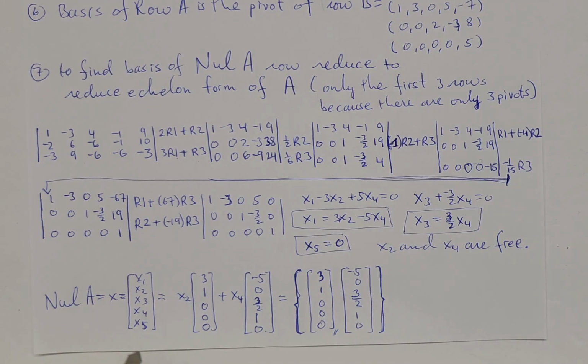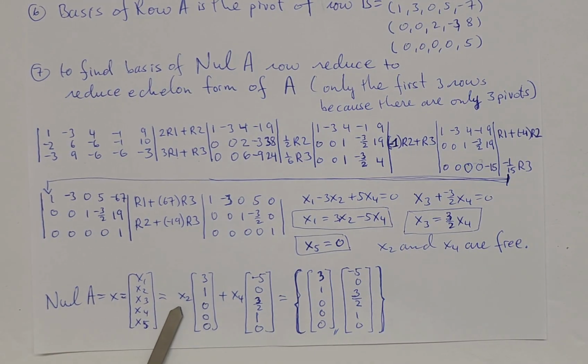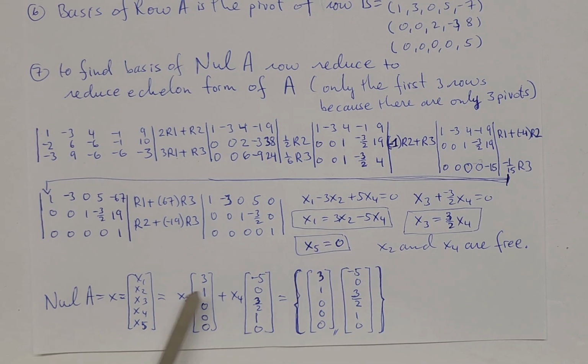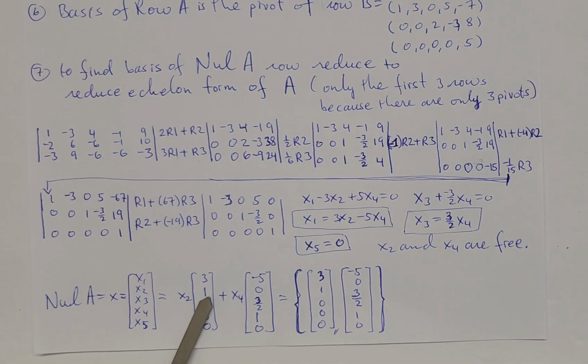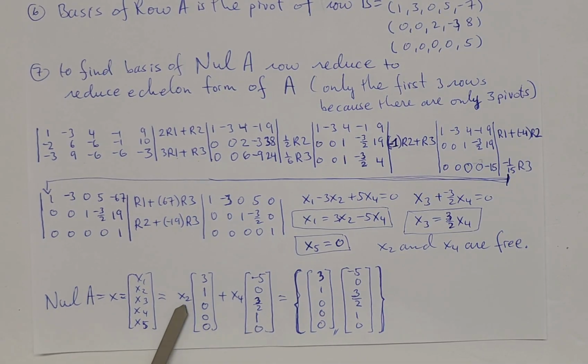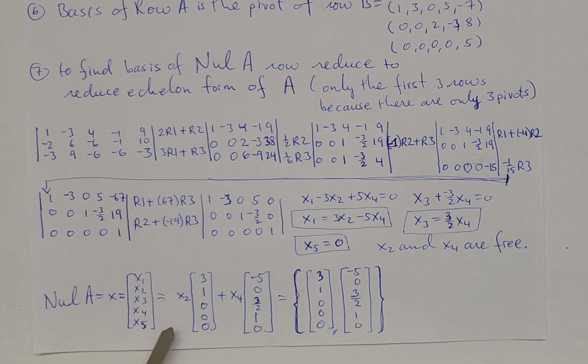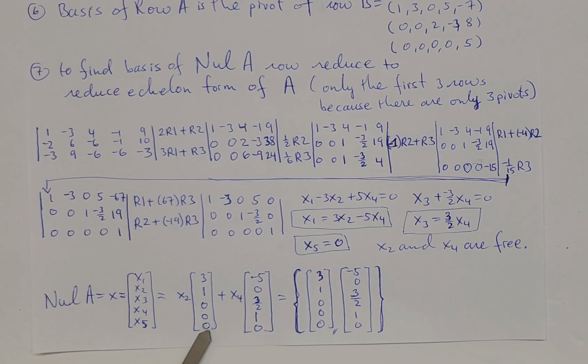Okay, so first term for x2, which is this 3. Second term for x2, because it's free, we write 1. Third term for x2, none, because there's nothing, so 0. Fourth term for x2, 0. Again, there's nothing. Fifth term for x2, 0, because there's nothing.